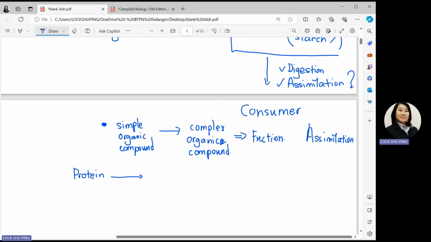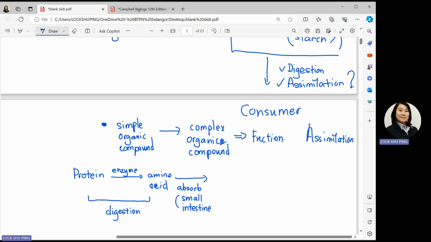The protein will be broken down by enzymes to form amino acids. This is the process known as digestion. When we eat something, the enzymes help us break down the protein into amino acids. After the digestion, these amino acids will be absorbed by our body through the small intestine.